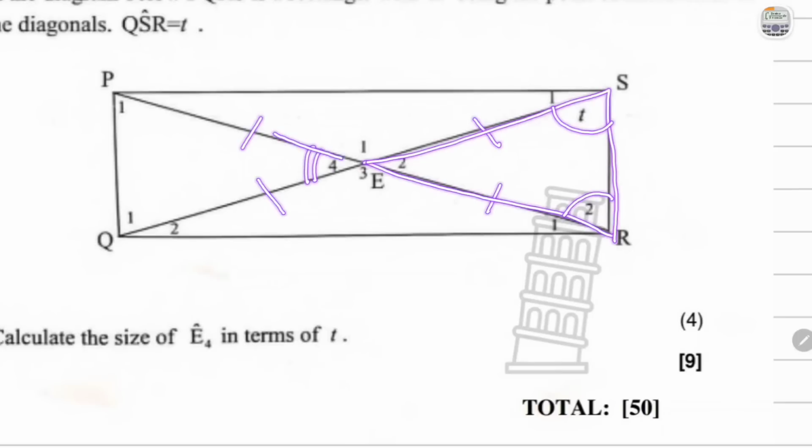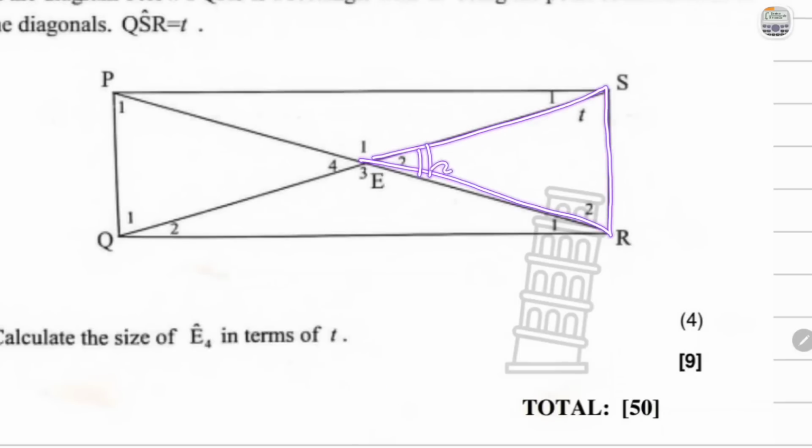You have lines going across here. That's vertically opposite angles. So these two are equal. So we're going to focus on finding angle E2, and that will find angle E4. And this will be fine because angle E2 is part of this triangle where we have T. So let's focus on finding angle E2 given what we have.